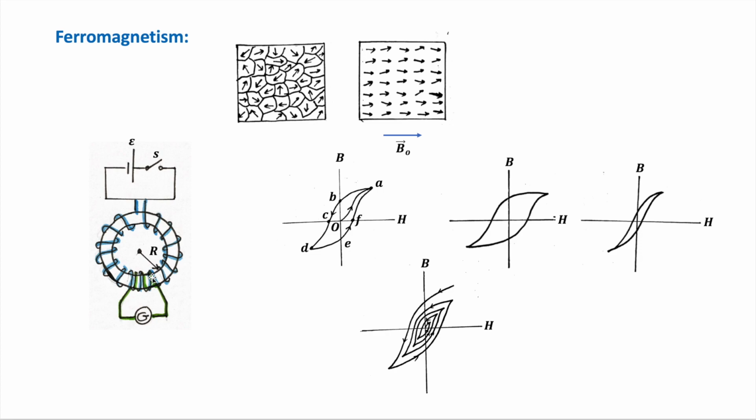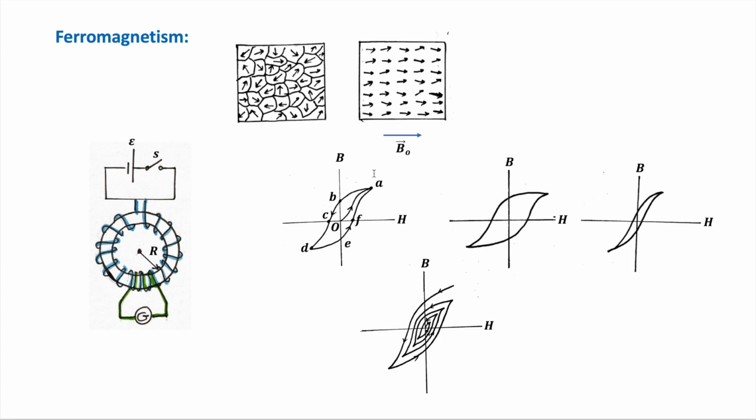And remember that the total magnetic field B includes the contribution of the external magnetic field, which is due to the current in the coil, and also includes the contribution of the magnetic field produced by the material itself due to the alignment of its magnetic moments with the external field. So this contribution of the material itself is also a function of the external field.